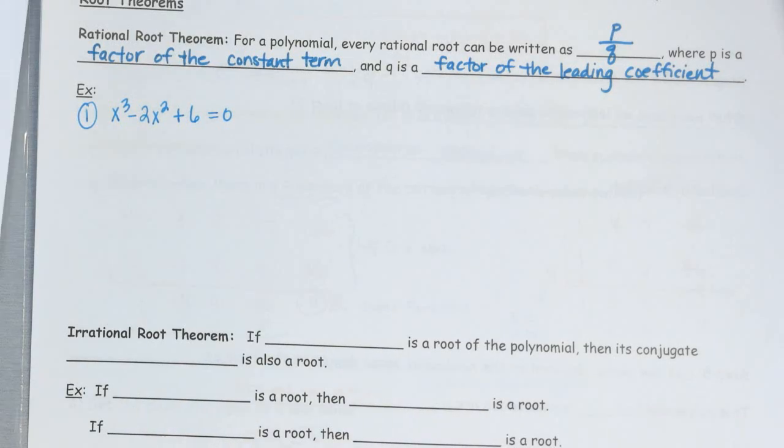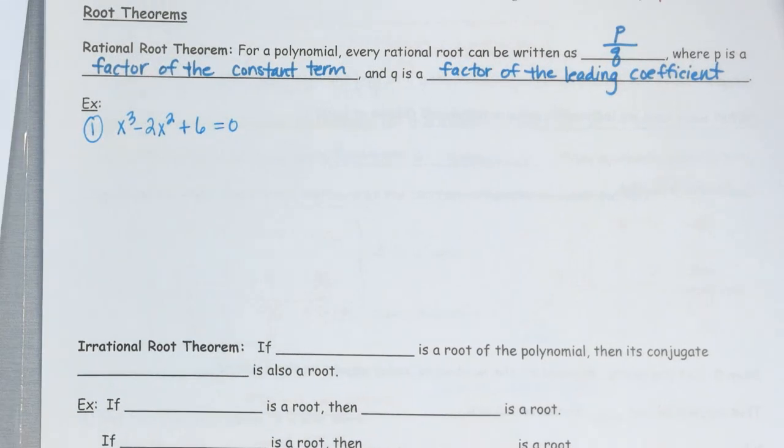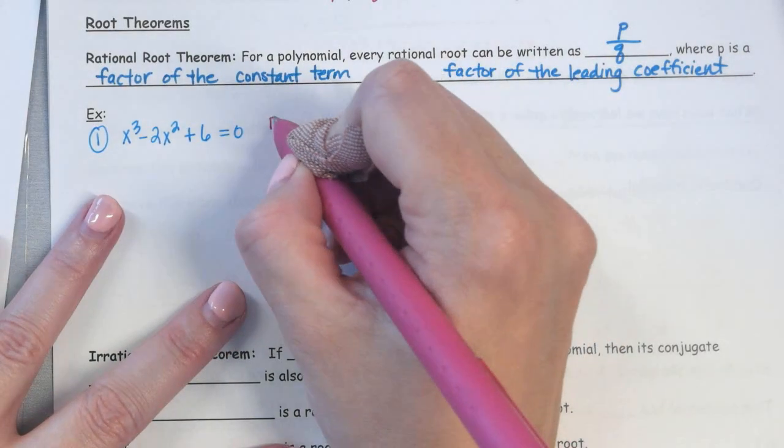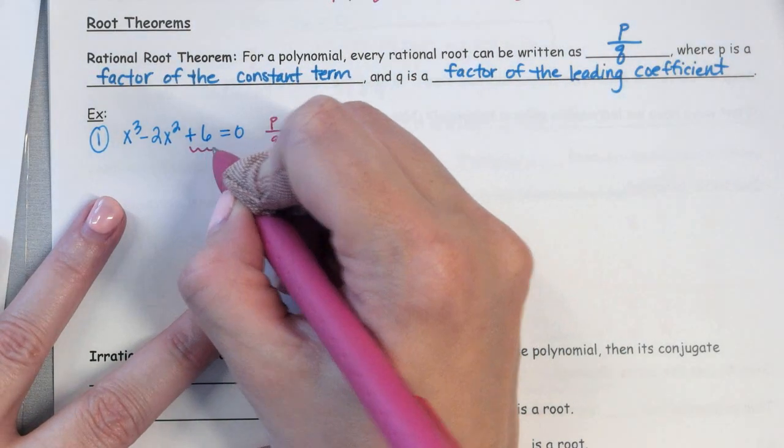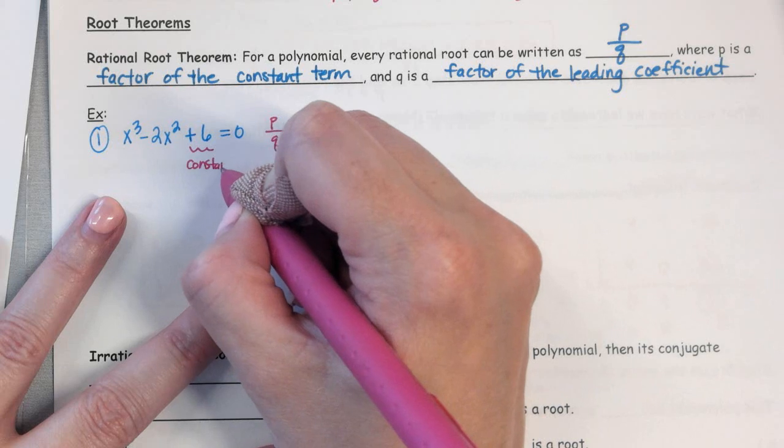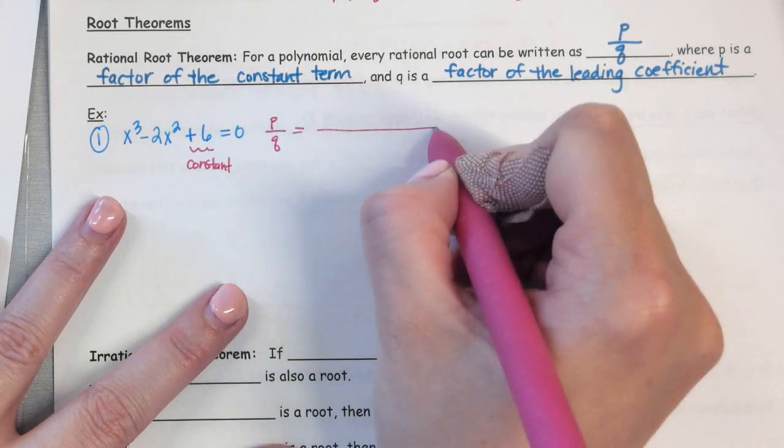Okay, so what we would do for your P over Q is we would find the constant term, which is going to be 6, and then we're going to list all the factors of that on top.